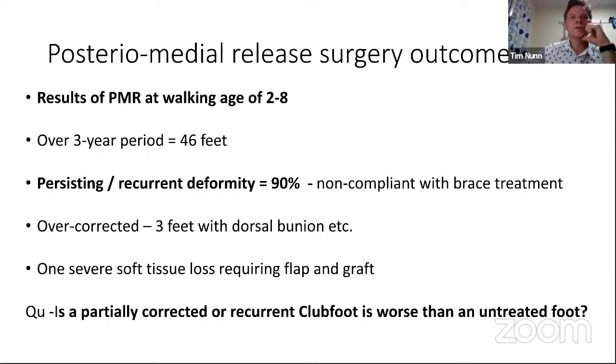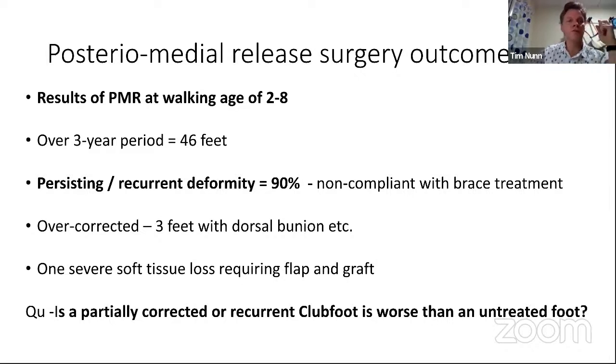And just looking at the data from that era of doing PMRs, it's at 46 feet, and we had 90% of persisting or recurrent deformity. And almost all of these children will be non-compliant with brace treatment. And so we decided moving forward, we would not rely on brace treatment to hold a deformity correction.